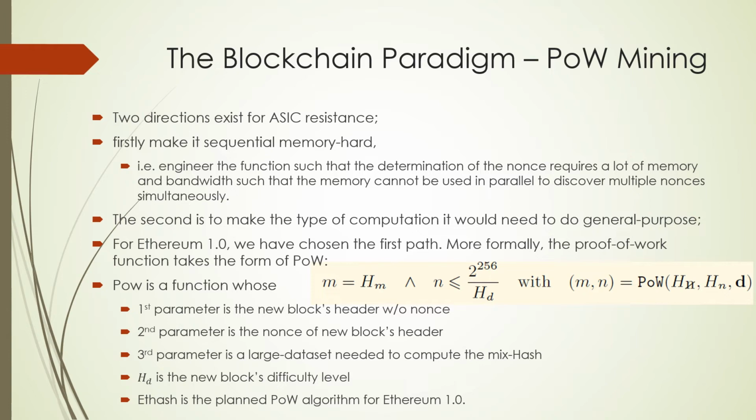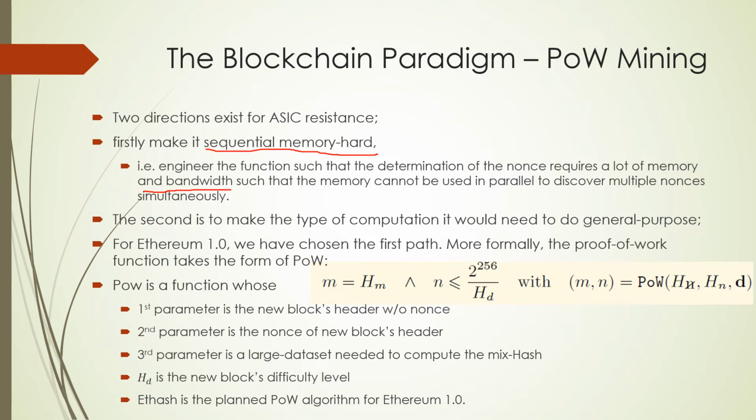One is to make the proof of work function sequentially memory hard. What does that mean? That means to design the function so that determination of a nonce requires a lot of memory and bandwidth, so that the memory cannot be used in parallel to discover multiple nonces simultaneously, and that basically creates a barrier for doing proof of work mining in a very small period of time.